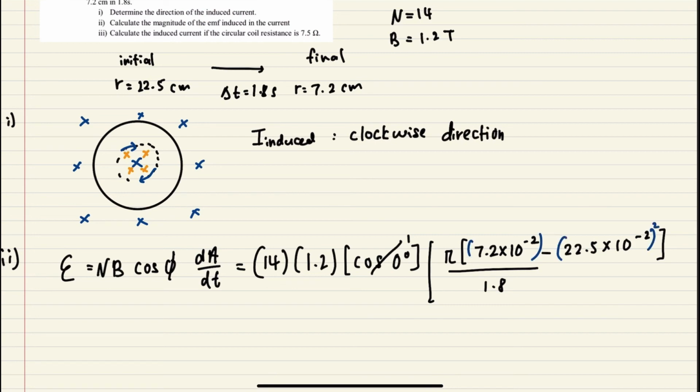It looks too long, right? So if you do that, 7.2 exponent negative 2 squared minus 22.5 exponent negative 2 squared divided by 1.8, times π times 1.2 and 14.